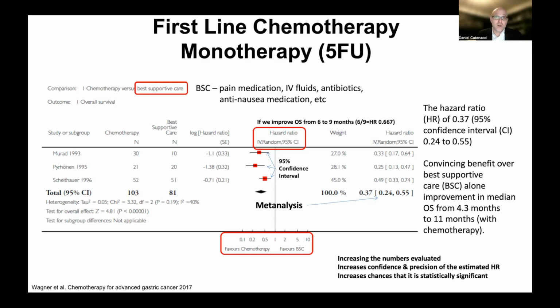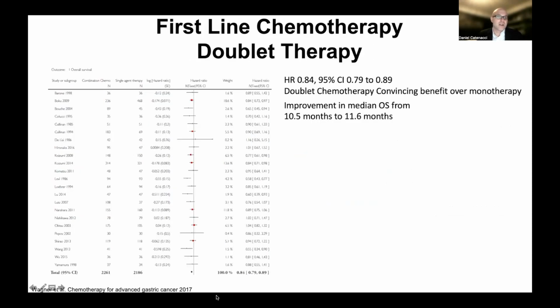The next question was, what if we do 2 chemotherapy drugs compared to 1? Is that better? As you can see here, over the last decades, a whole slew of studies with various numbers of patients enrolled, looking at their forest plots of hazard ratios, you can see that some studies weren't showing much difference.